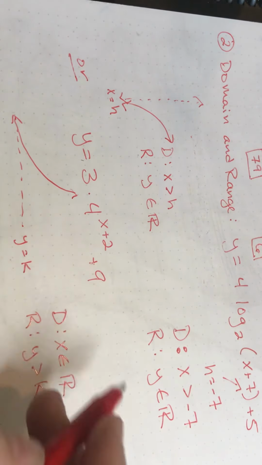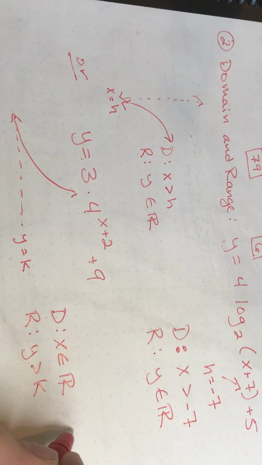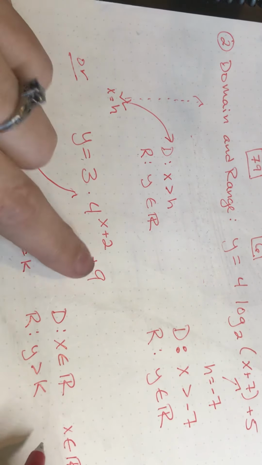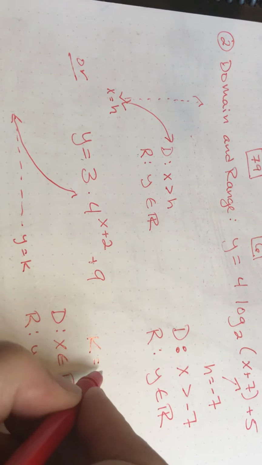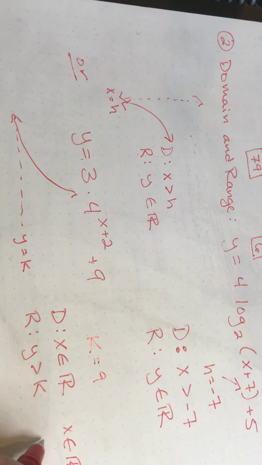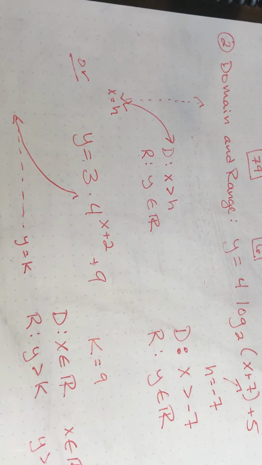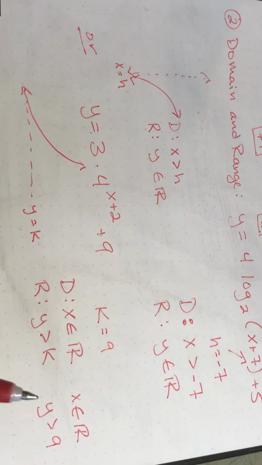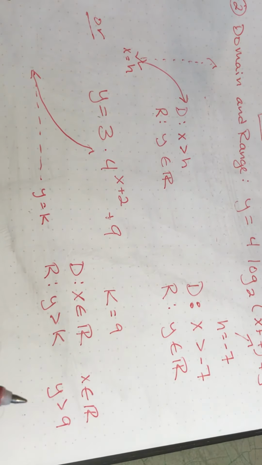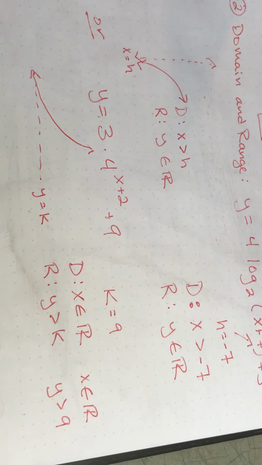So for this particular function, my domain is going to be all real numbers, k is 9, so my range will be y is greater than 9.